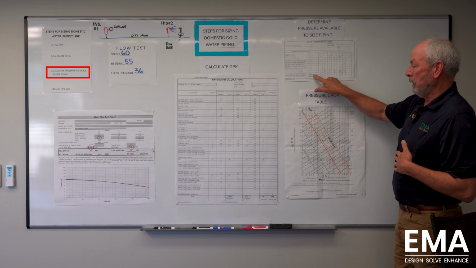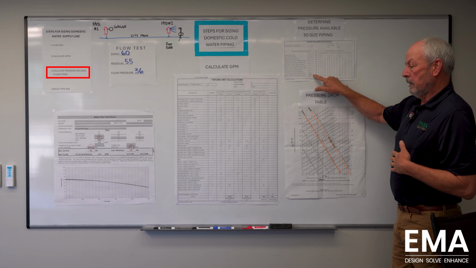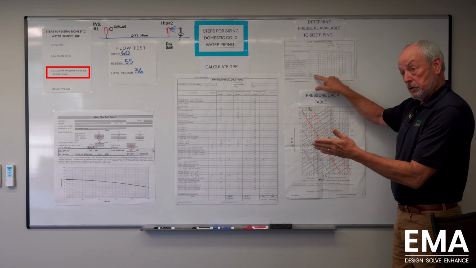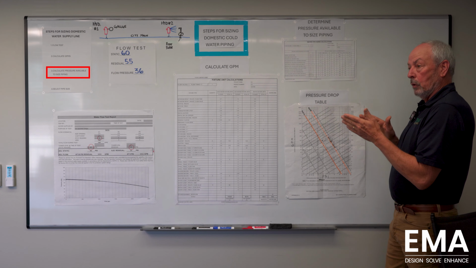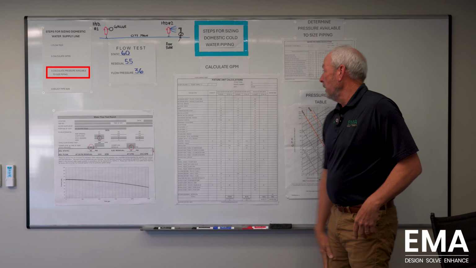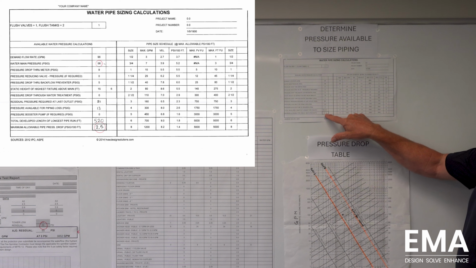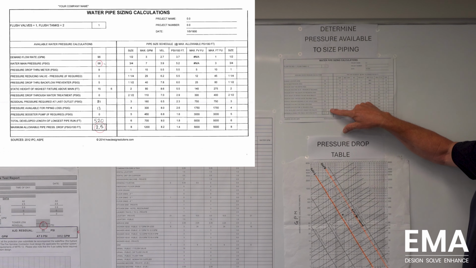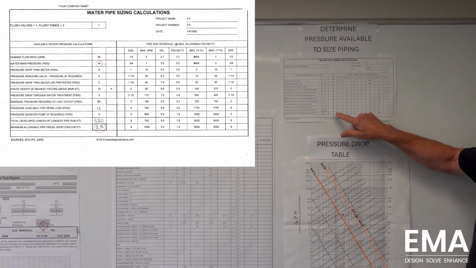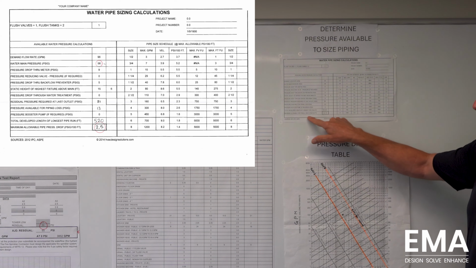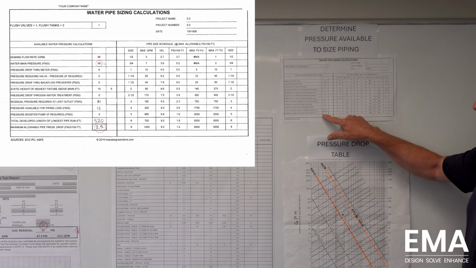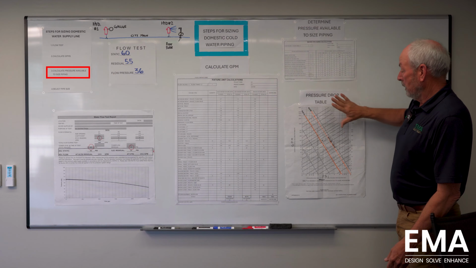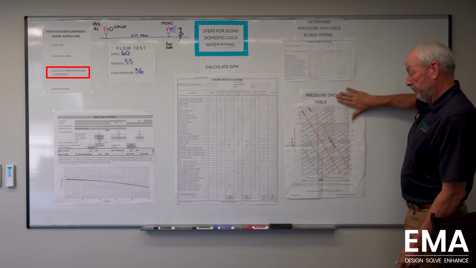Basically, you're giving it an equivalent footage so that it's longer, and it's assuming more pressure drop. So using 13 over 520, that gives us a PSI drop per foot, and then this program multiplies it times 100. So you're converting it to a PSI drop per 100 feet, so we can use this table.